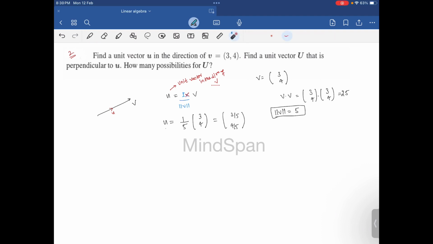Now find the unit vector capital U that is perpendicular to this small u vector. So this is small u. अब आपको क्या करना है?